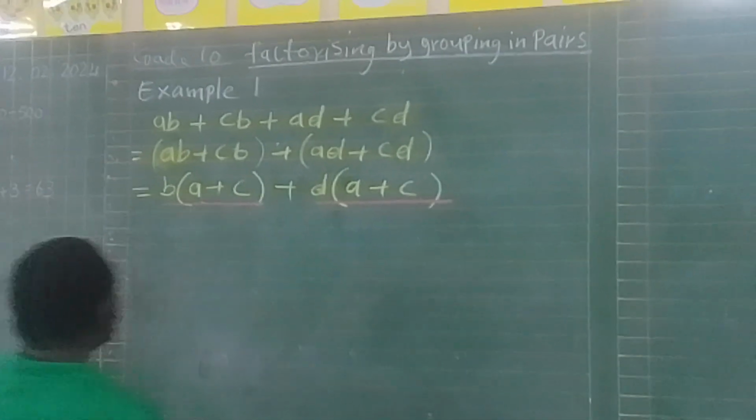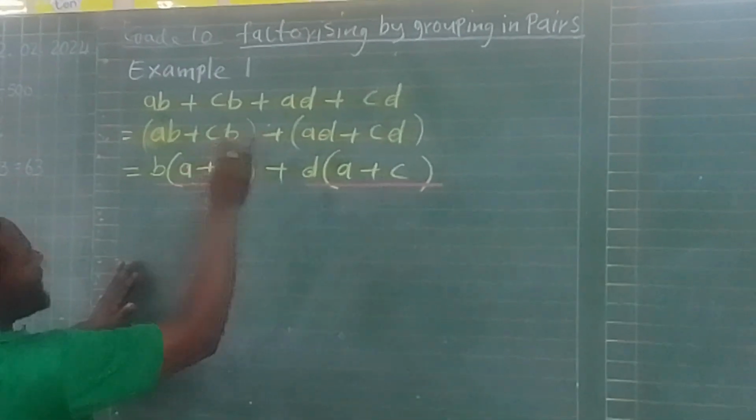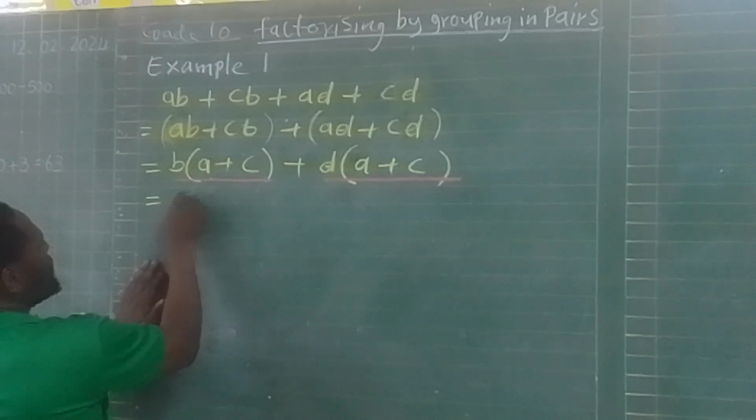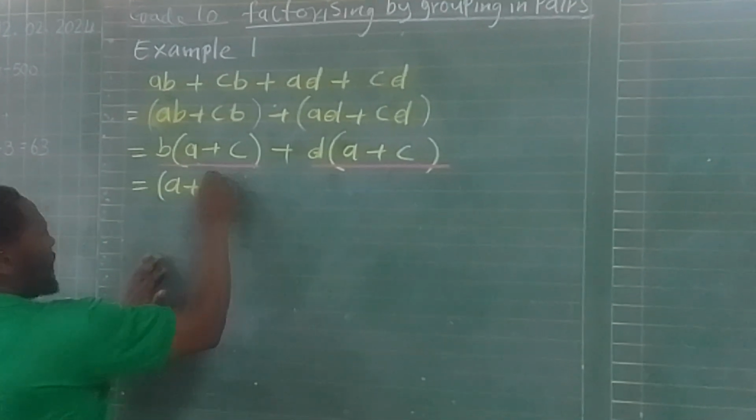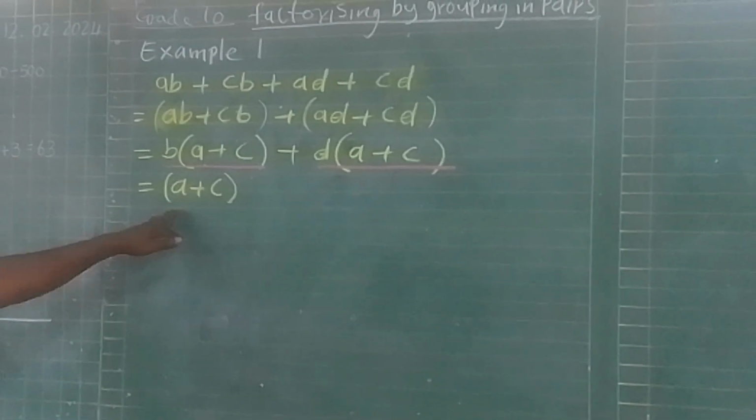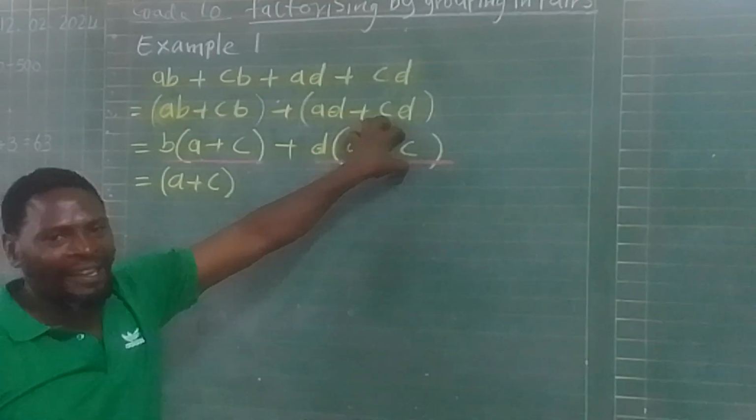What you can do here, take out the common factor A plus C. This is the common factor, which is common here and there.